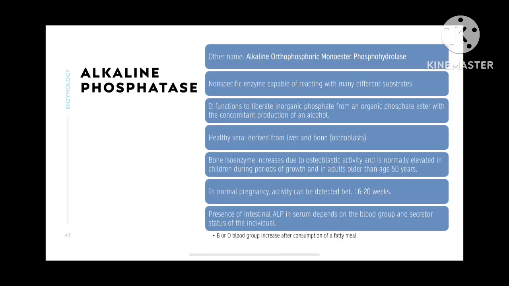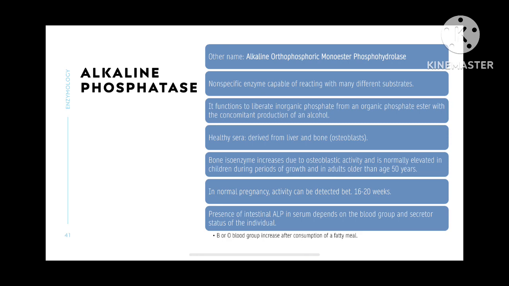Alkaline phosphatase belongs to a group of enzymes that catalyze the hydrolysis of various phosphomonoesters at an alkaline pH. Consequently, ALP is a non-specific enzyme capable of reacting with many different substrates.